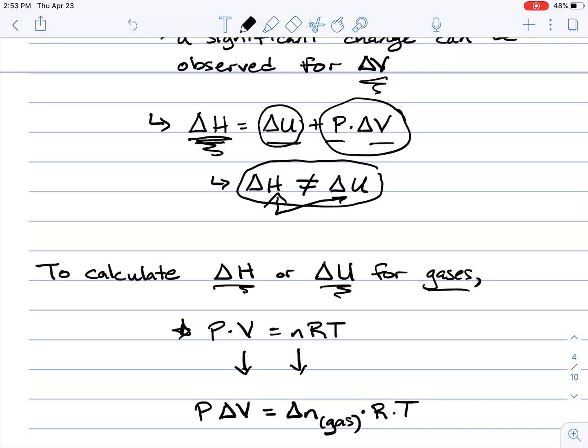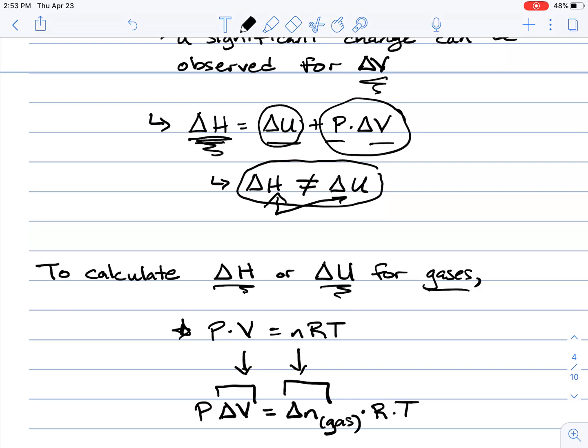What we're assuming at this point is that the only way the volume of the system is going to change is if there is a change in the number of moles of gas. We're not considering an increase in temperature or any of that stuff that was discussed in the gas chapter in the first semester of general chemistry.